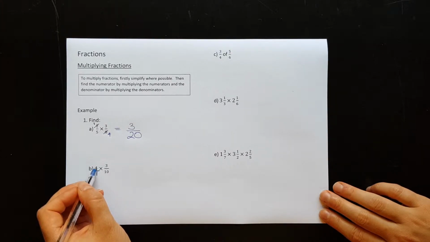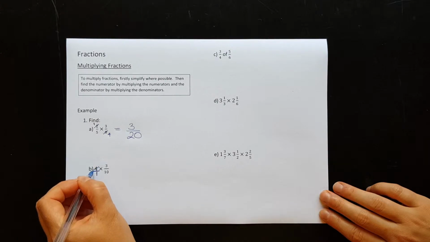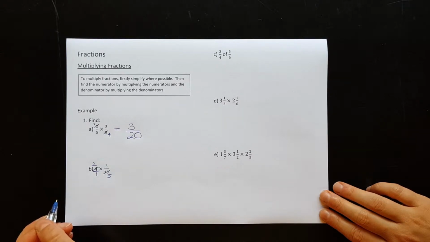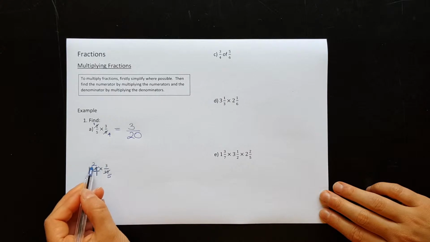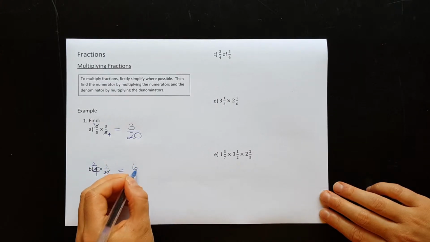Okay, the 4 on the top and the 10 on the bottom, both of those numbers can again be divided by 2. 4 divided by 2 goes twice, and 10 divided by 2 goes 5 times. Okay, there's no more simplifying there. So we multiply the top numbers together. 2 times 3 is 6.